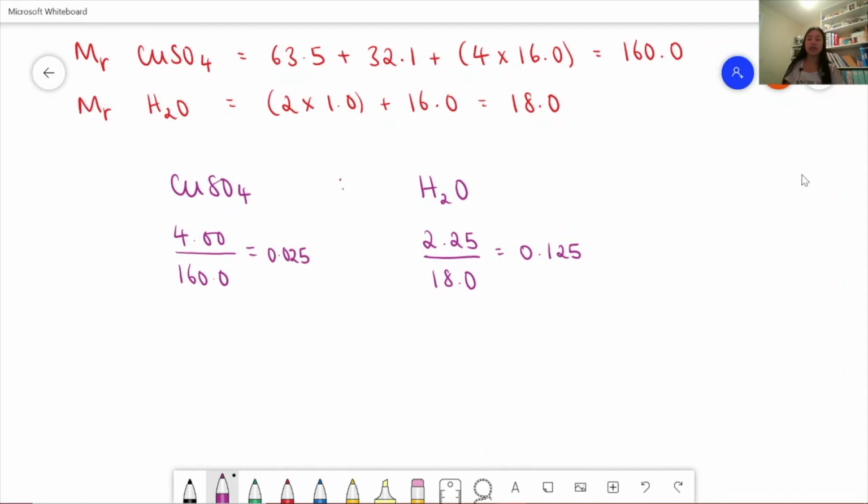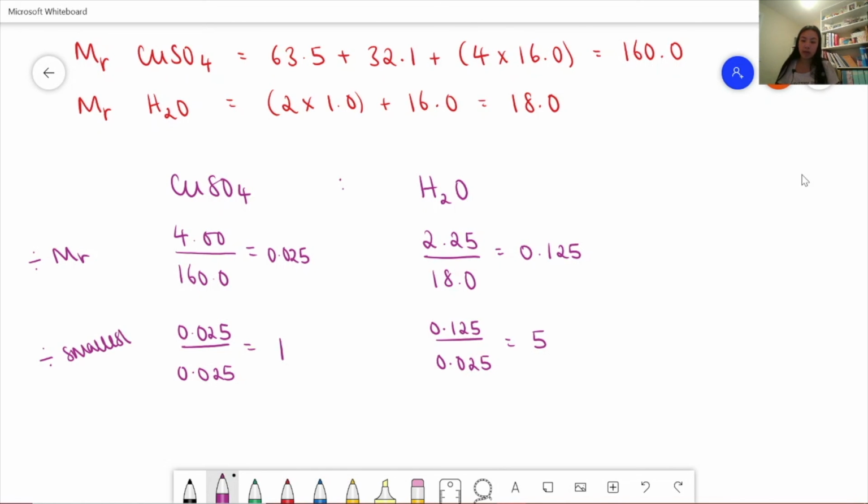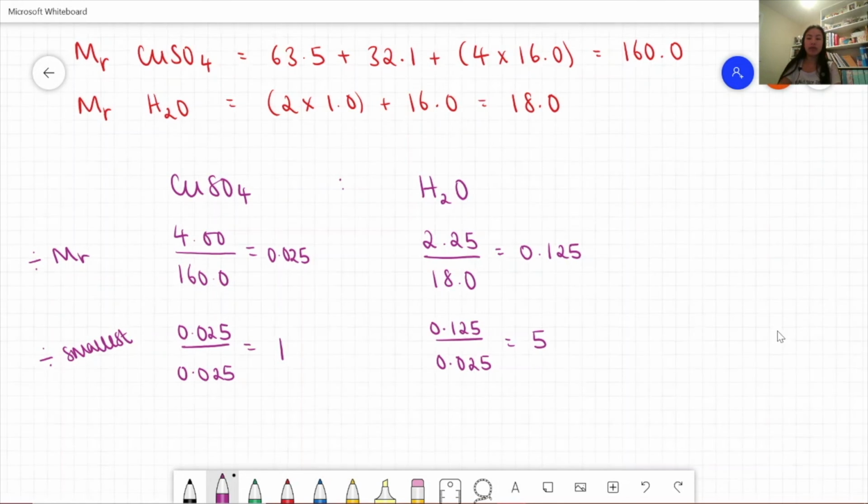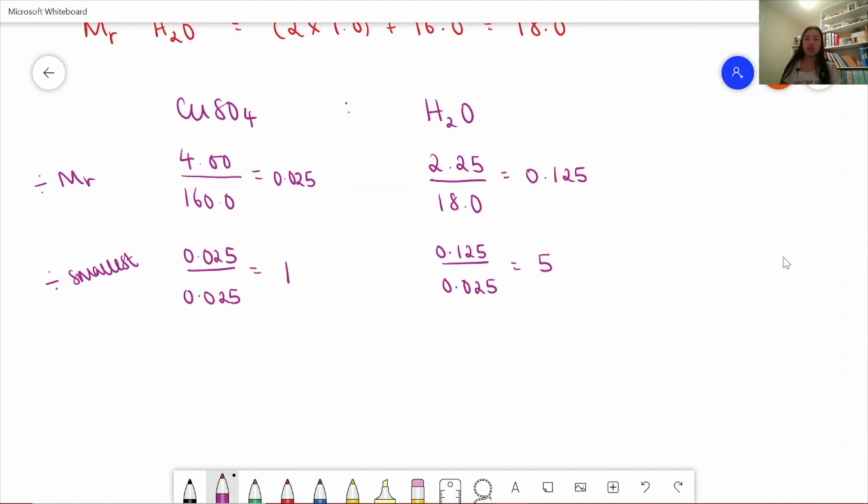So basically what we're doing is finding the empirical formula. So if we divide by the smallest, we have 0.025 divided by 0.025. So that's equal to 1. And then we have 0.125 divided by 0.025, which is equal to 5. So in the first step, we divided it by the MR, and then for the second step, we divide by the smallest. And so now we have the ratio of copper sulfate to water.